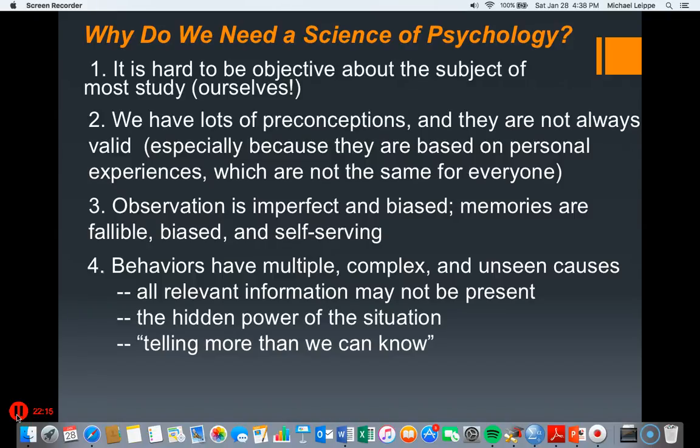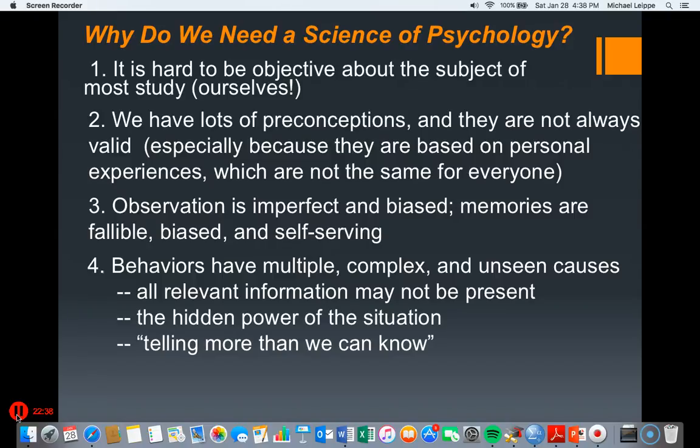So that is an example of being influenced by things that you didn't think you were influenced by, and giving reasons for why you have certain judgments that are not really the true reasons. And this is another reason why we need a science of psychology.